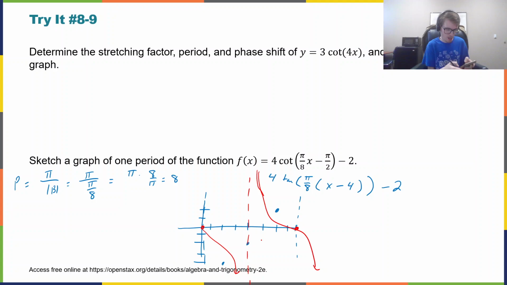So once again, for cotangent of pi over 8, parentheses, x minus 4, close parentheses, minus 2. They actually have this interesting crisscross pattern that occurs with the graph too. So we've got a vertical asymptote where it's 0.